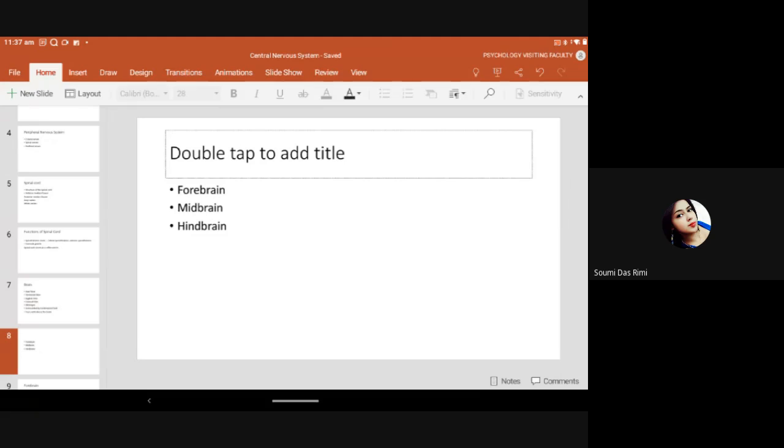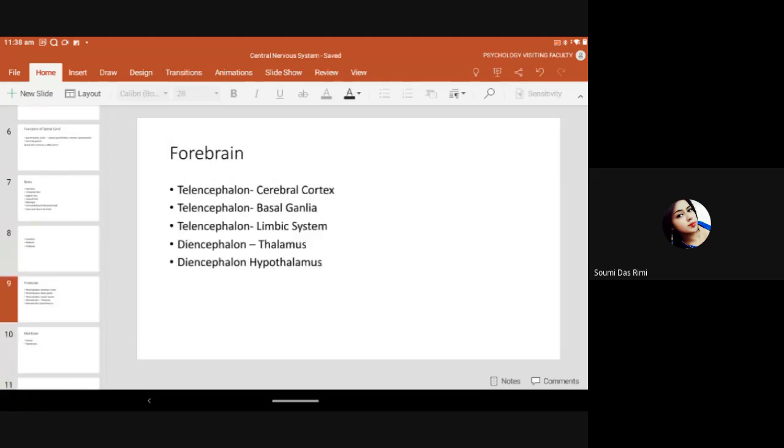The cerebral cortex covers the two cerebral hemispheres, while the basal ganglia is placed in the subcortical area in the brain. The diencephalon includes the thalamus and hypothalamus, as well as the pineal body with the optic chiasma. It is present between the cerebrum and the midbrain.